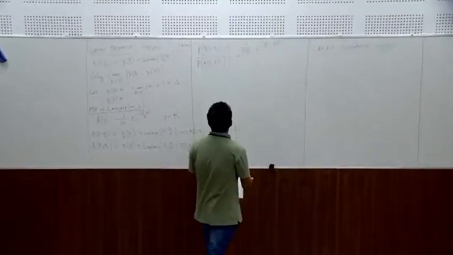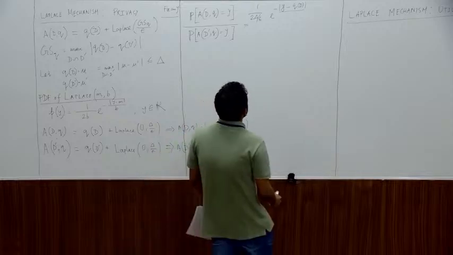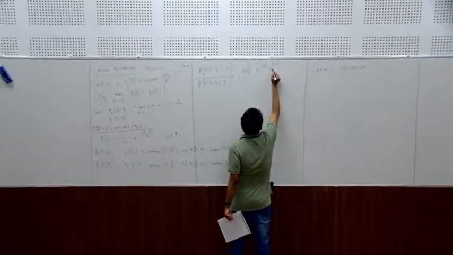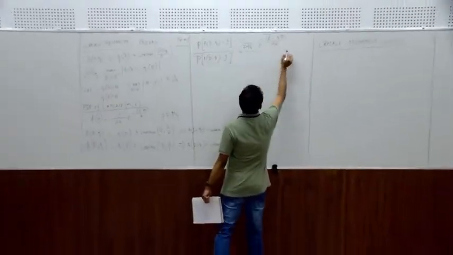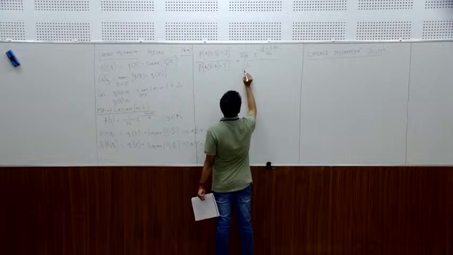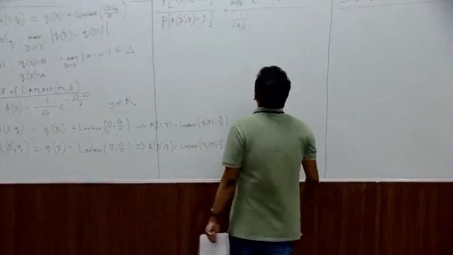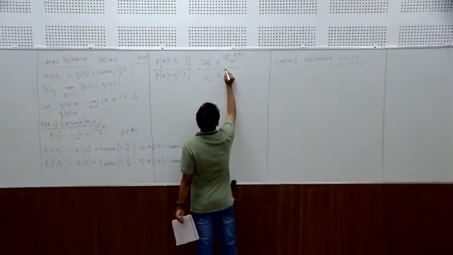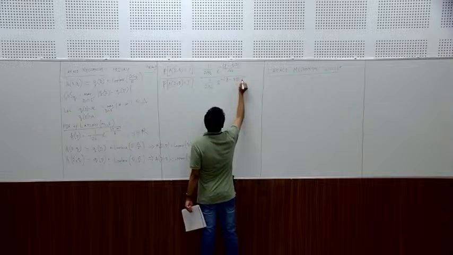Am I making any mistake? No. So b is delta by epsilon. This is our numerator, and similarly this is our denominator. Same thing, 2 delta by epsilon, e to the power minus y minus, now the mean is q(d dash), divided by delta by epsilon.